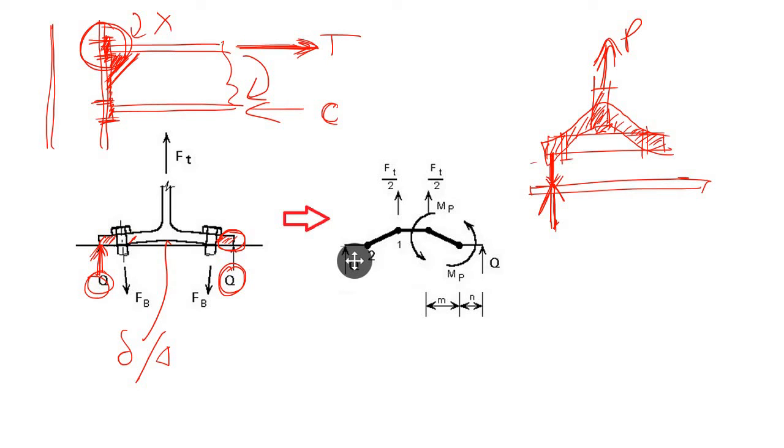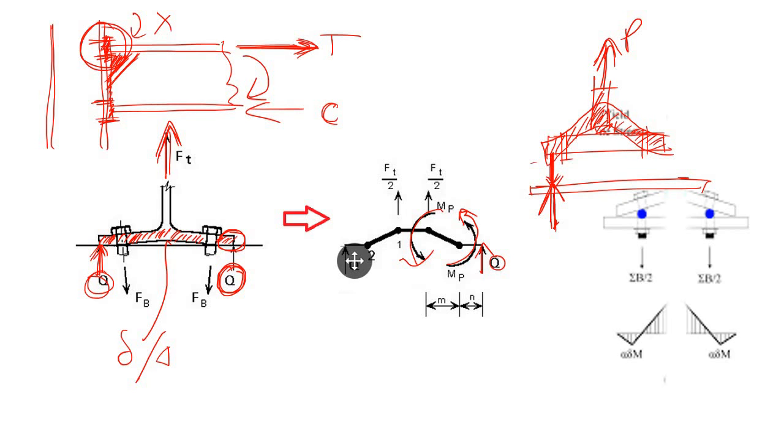Now what will happen? You have some extra force Q. If you simply draw the bending moment diagram, at the end, due to this Q force, you are creating some bending moment, and also here due to this external load, you already have some bending moment. So your plate is subjected to bicurvature. Here is the bending moment diagram.